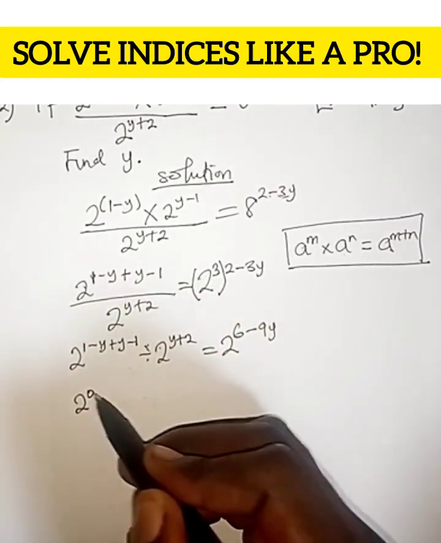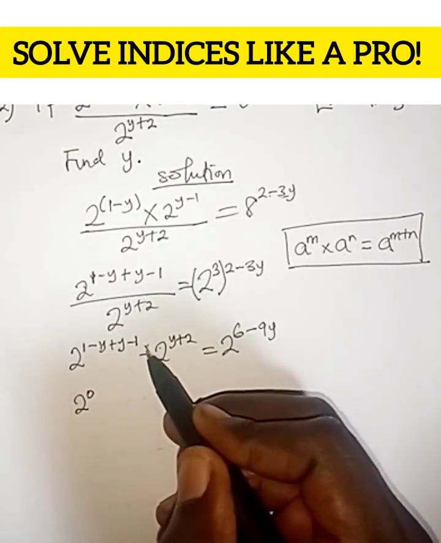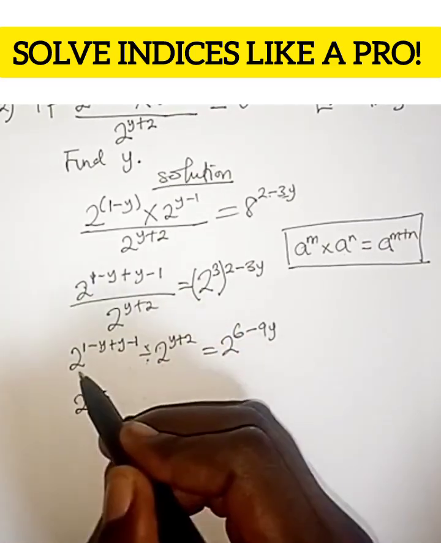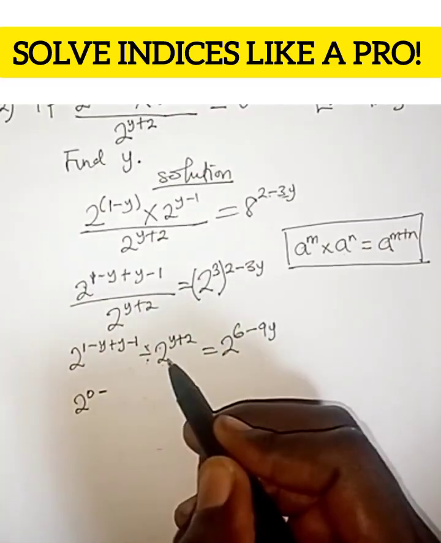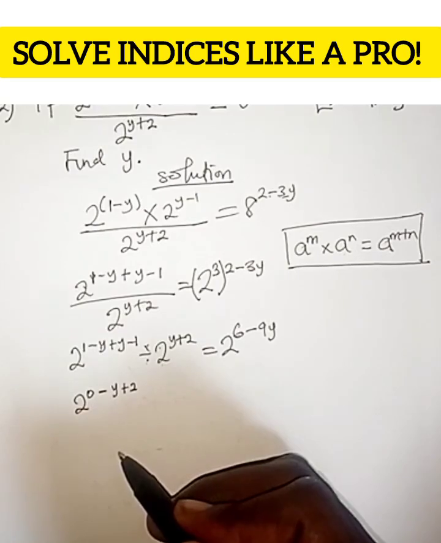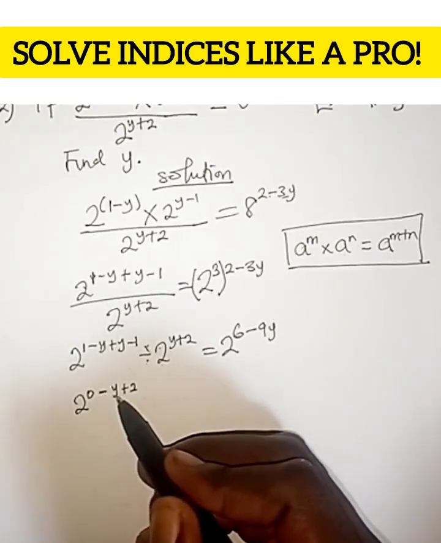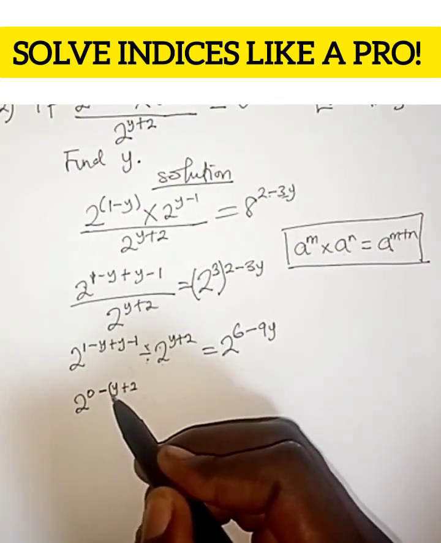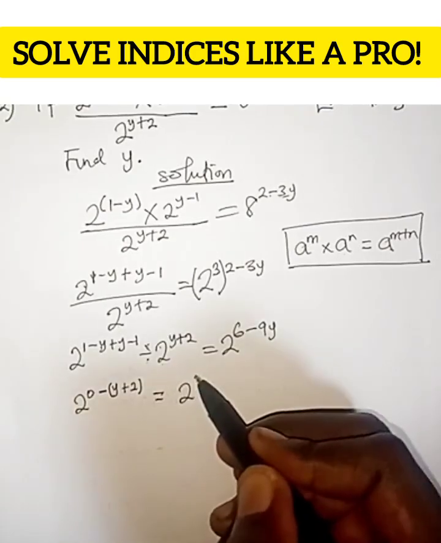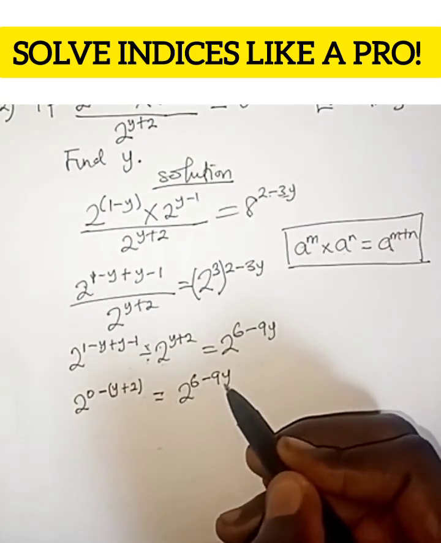So I will have this. Then since this is division, you pick one of the base, then you subtract the power. So it's going to be y plus 2. If you do it like this, you will have a wrong answer because the negative is only affecting y. So you have to put it inside the bracket like this, equal to 2 raised to power 6 minus 9y.